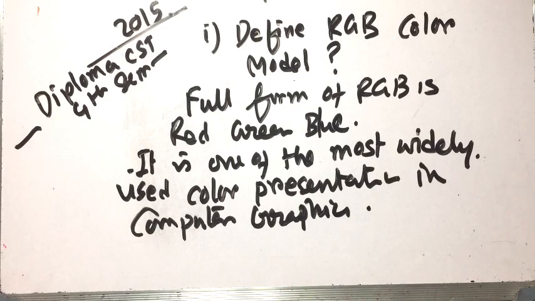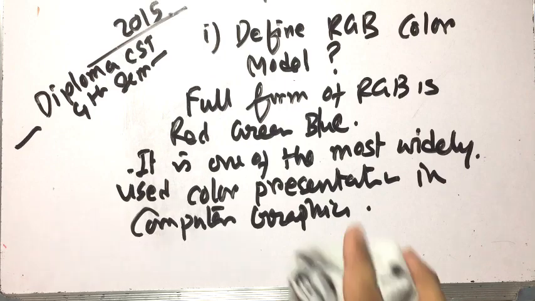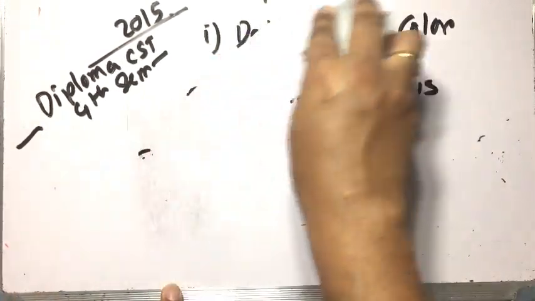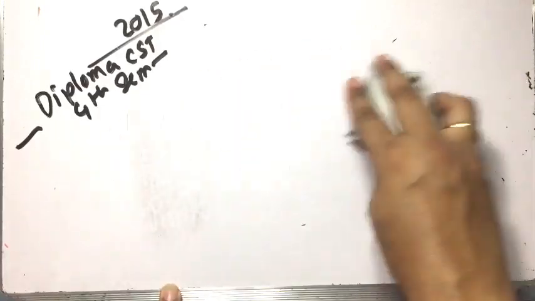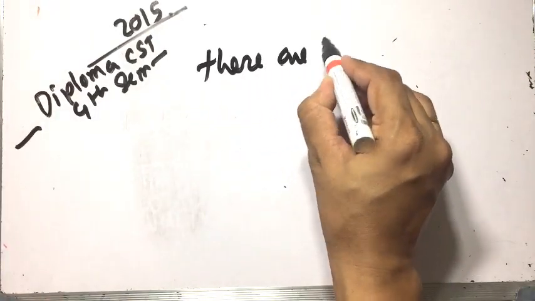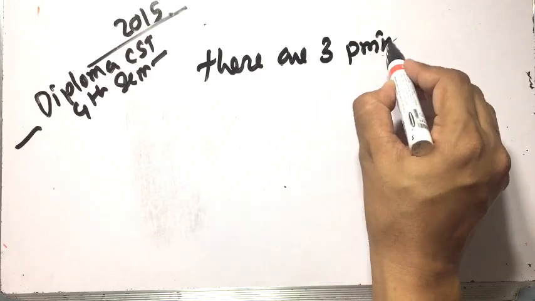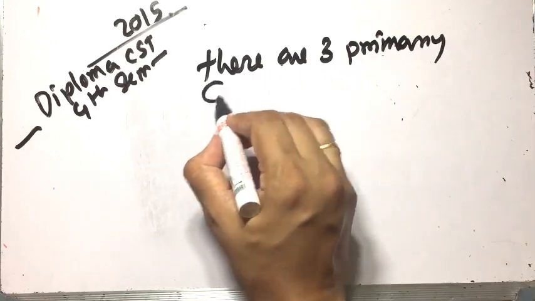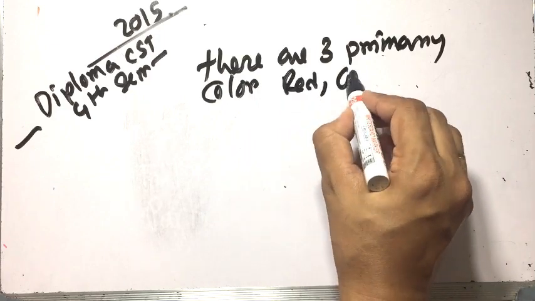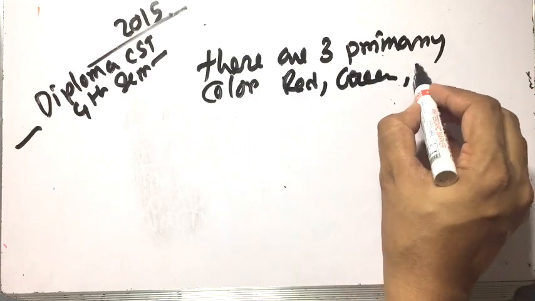There are 3 primary colors: red, green, and blue.